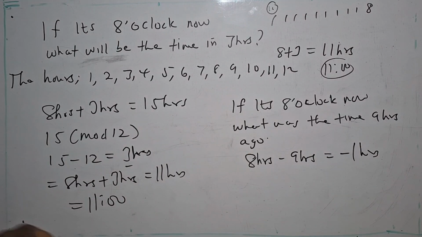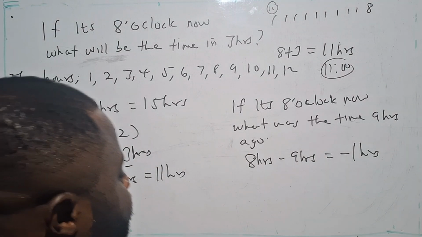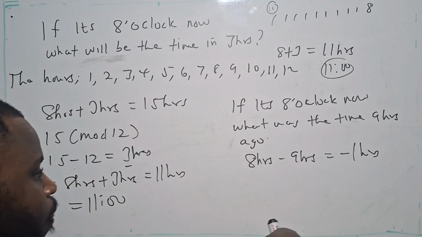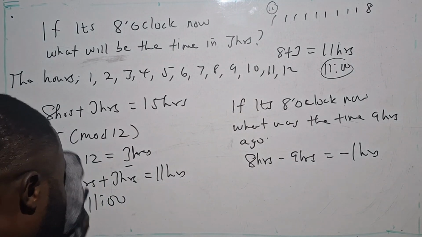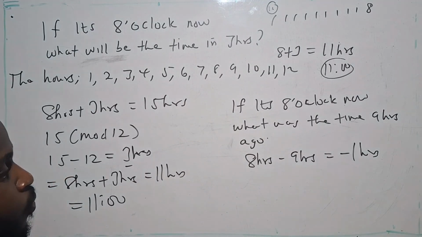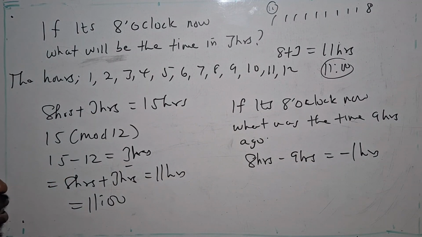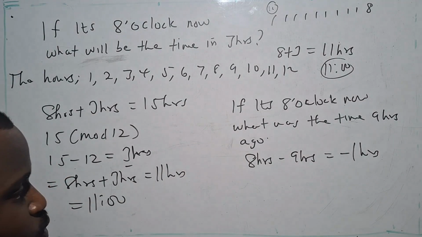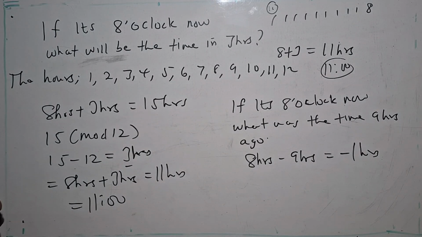We are going to get negative 1 hour. In modulo, what you need to understand is that if you are working with a negative number, you add. You add to get a positive number that is less than the mod you are using. So 9 hours ago.